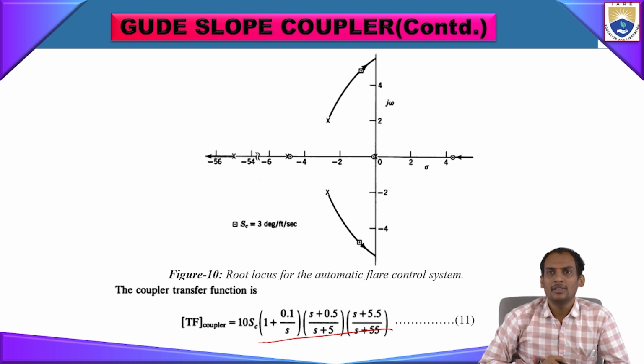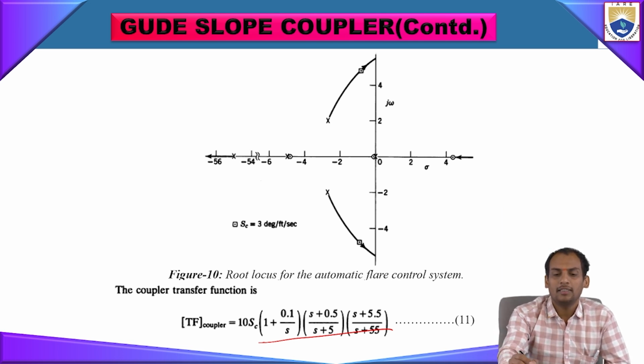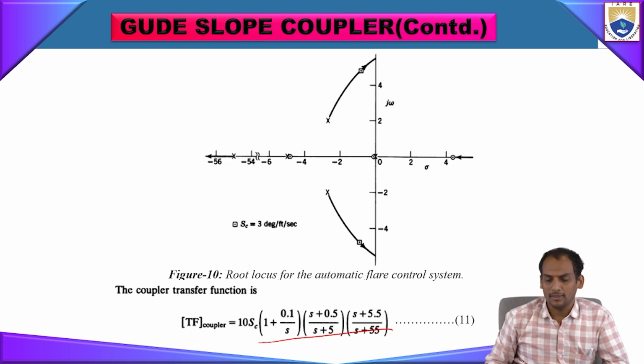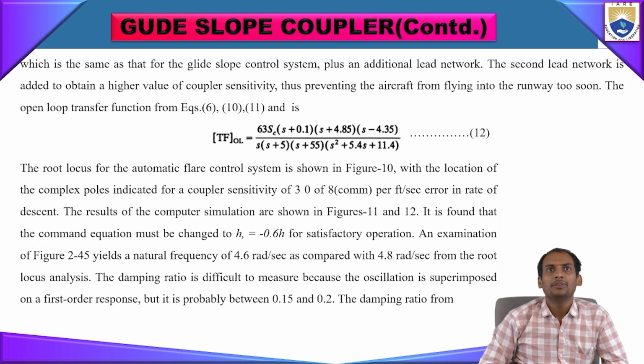Here it will be s plus 0.5 by s plus 5 and s plus 5.5 by s plus 55, like that it is going on. This is the same as the glide slope control system, plus that additional network is also involved here. The second lead network is added to obtain a higher value of coupler sensitivity.